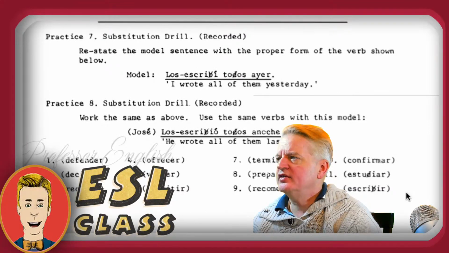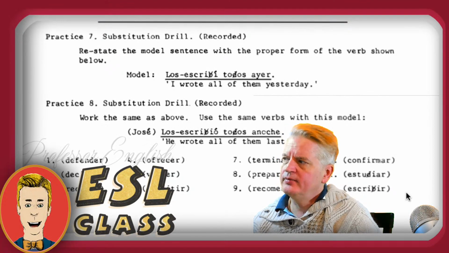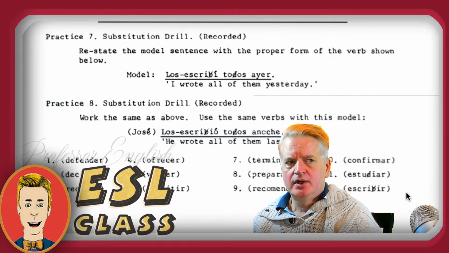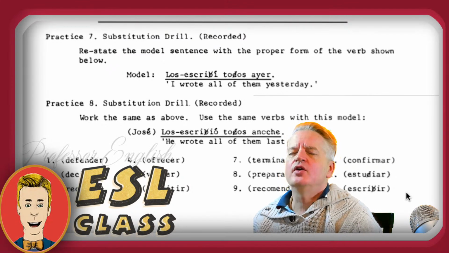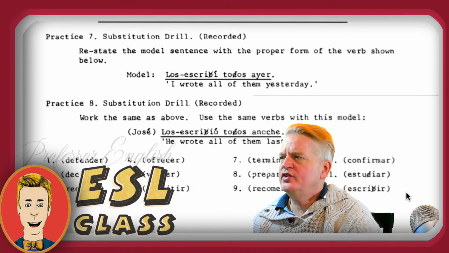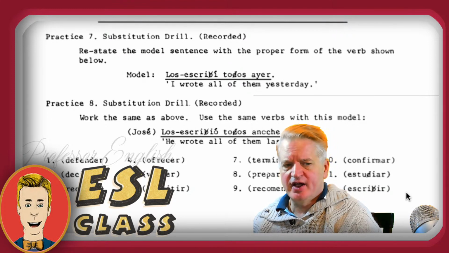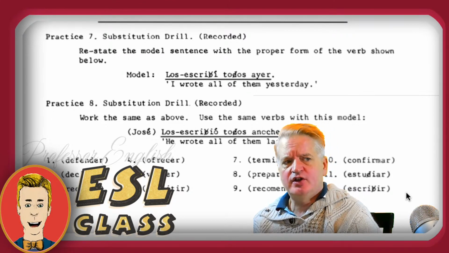Okay, let's see. I guess we'll figure it out. Model. Los escribí todos ayer. Number 1. Defender.